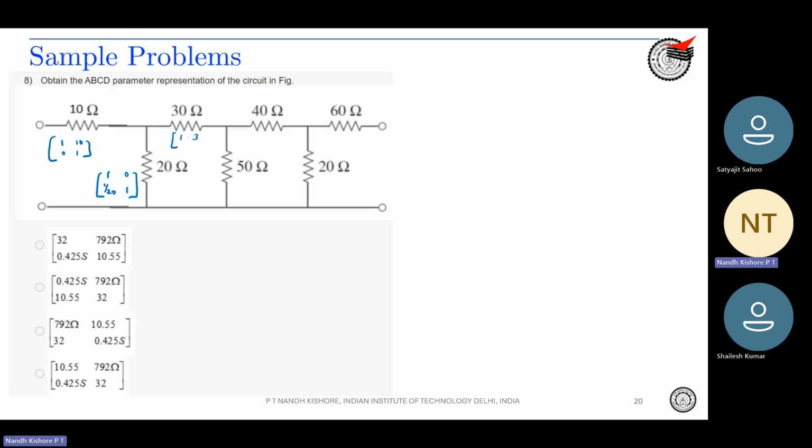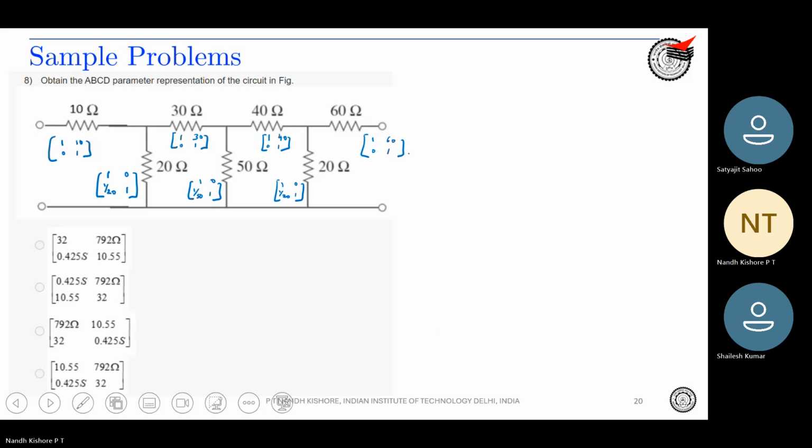Similarly, this would be 1, 30, 0, 1. This would be 1, 0, 1 by 50, 1. And so on. 1, 40, 0, 1. This would be 1, 0, 1 by 20, 1. This would be 1, 60, 0, 1. Okay, just a multiplication, right?